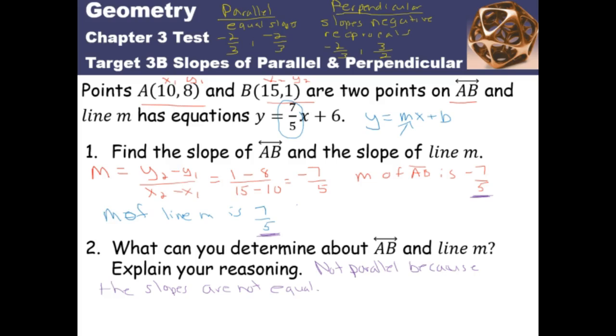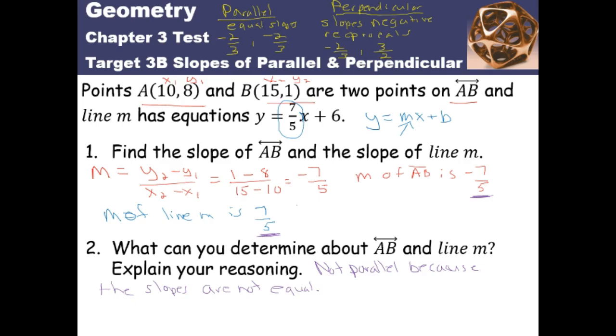Now they're also not negative reciprocals. One is positive and one is negative, which is what you need for negative reciprocals, but you also need the reciprocal part, meaning that when you flip this over, you get this. So when you flip over 7/5, you get 5/7, and this is still 7/5, not 5/7. So they're not reciprocals.